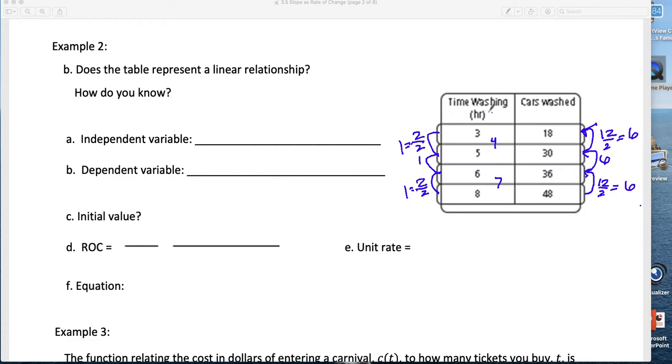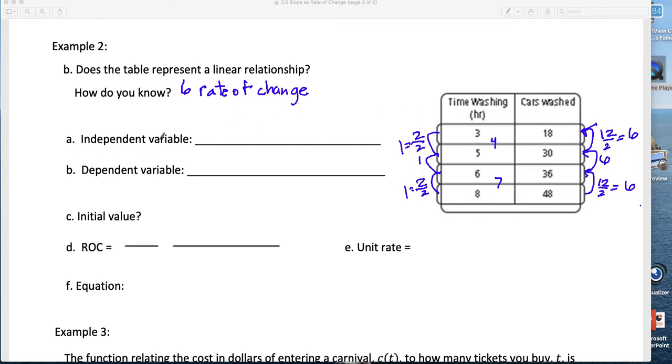All right, time washing cars in hours and the number of cars washed. We have a rate of change of 6. Let me put that. A little ahead, sorry. All right, we can't assume that this is X and this is Y, so let's look for more information.